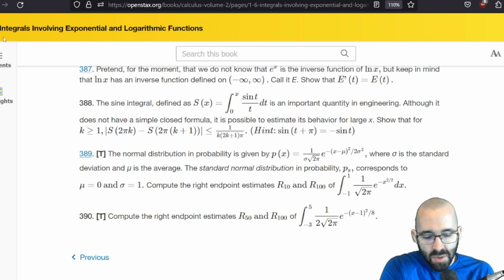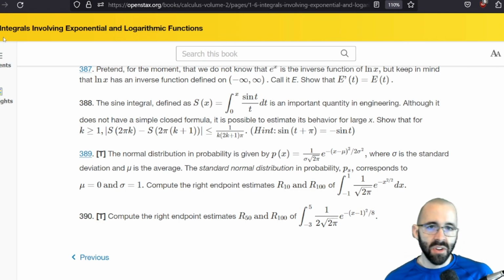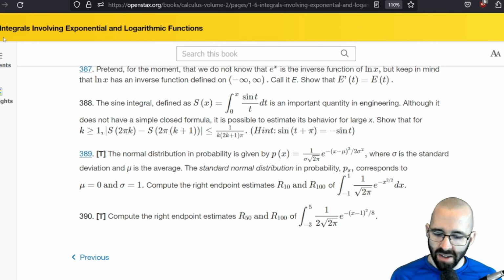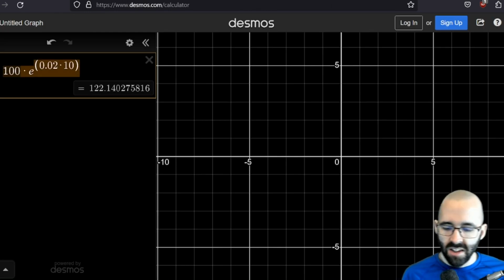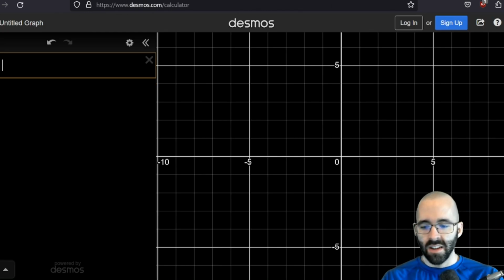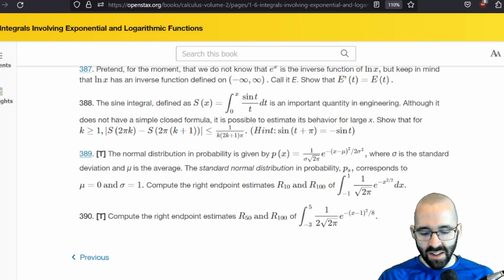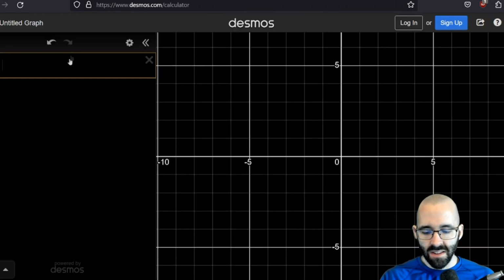Okay, so it's possible to estimate if x is large. And in fact, we have computers, we can estimate it for any x. As a side note, I should mention this is also extra tricky, because if we look at this function that we're integrating, we can think about this as the area under this curve from 0 up until some x.